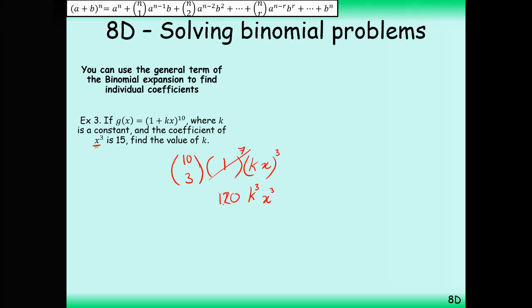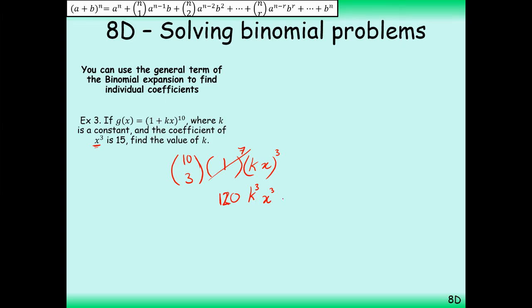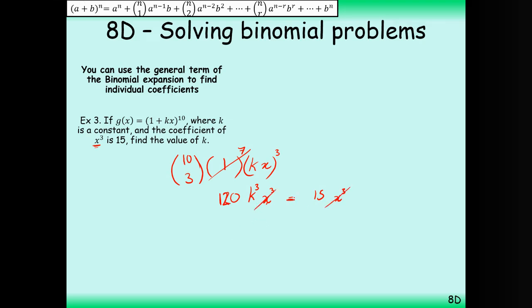Alright, so 120 times k cubed is equal to 15 x cubed. I'm going to put x cubed here because I have x cubed here. So these x cubes cancel each other out, and I'm solving this equation here.